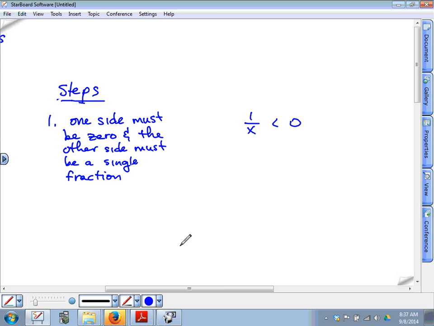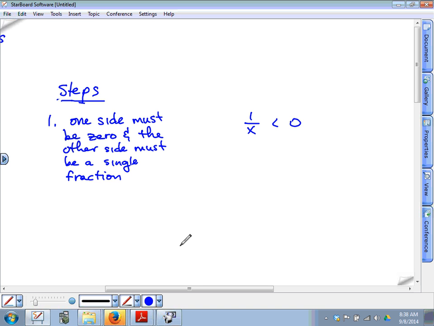That's why it's so much better to have 0 on one side, because when you compare a fraction to 0, it doesn't really matter the size of the fraction. What matters? Whether it's positive or negative. So these easy questions I was asking you, does 5 work? No. But does negative 10 work? Yes.